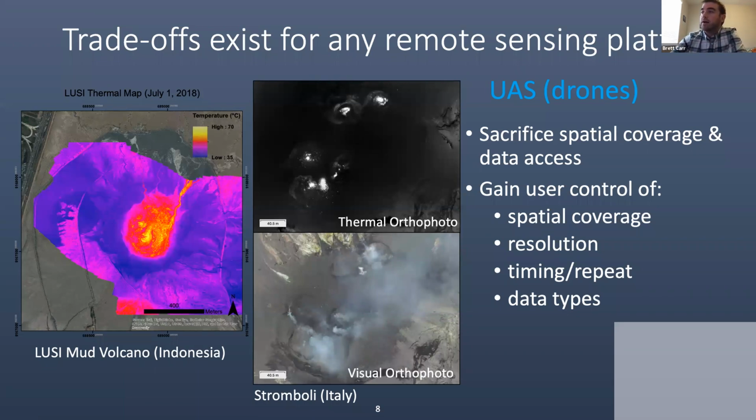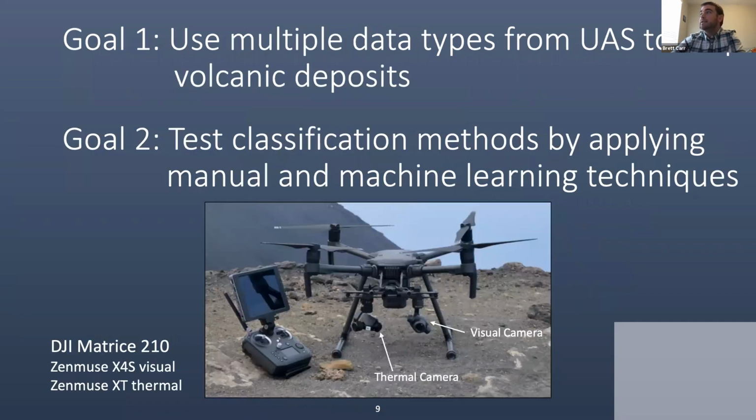So the goal of this particular study is to leverage the drone's ability to collect multiple data types and use that to map volcanic deposits. What we do here is use the visual camera and the thermal camera on a drone to create maps that look at different types of characteristics of the surfaces and use these different characteristics to map the deposits.